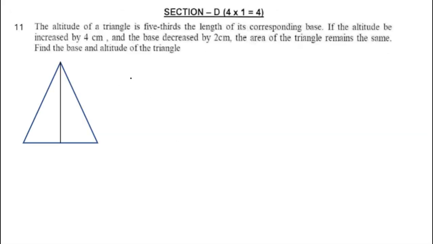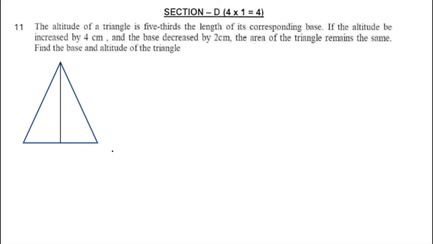Last question. The altitude of a triangle is 5/3 the length of the corresponding base. If the altitude of the triangle is increased by 4 centimeter and the base is decreased by 2 centimeter, the area of the triangle will remain same.